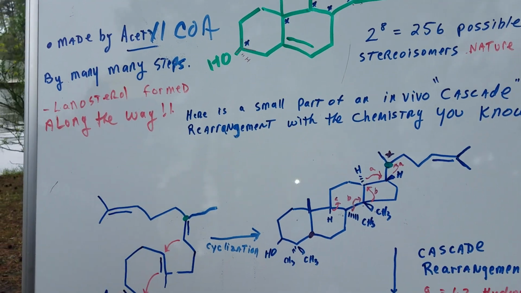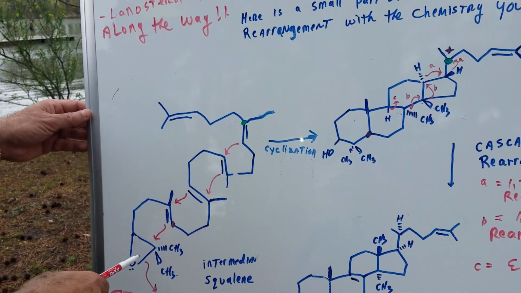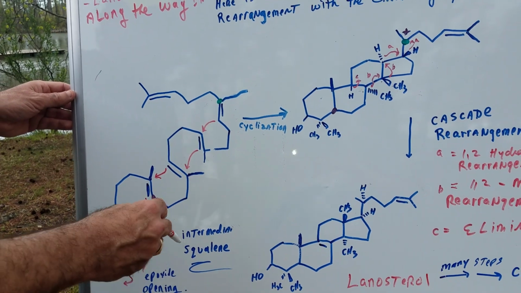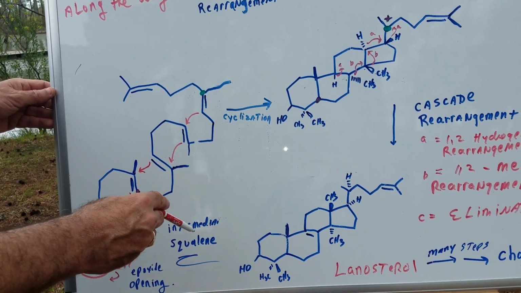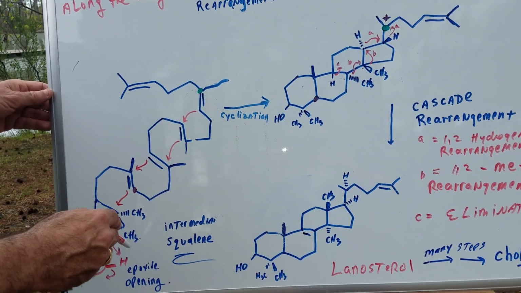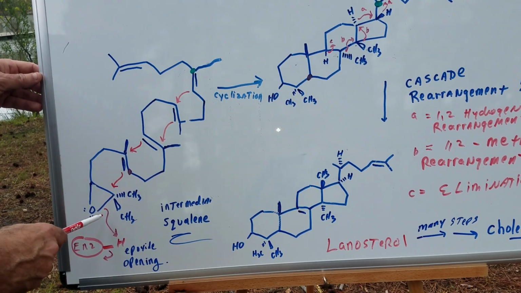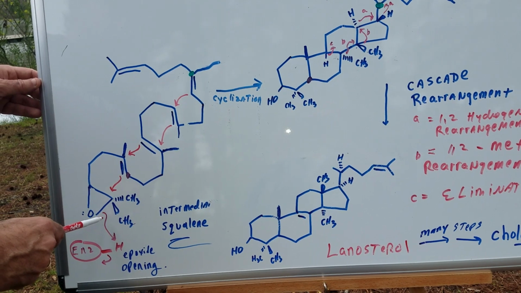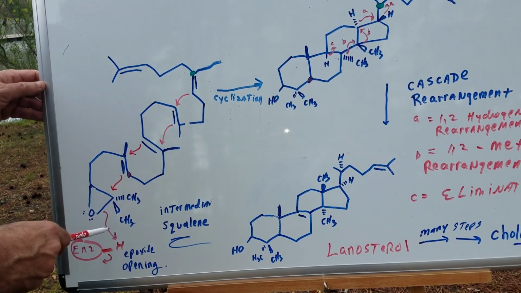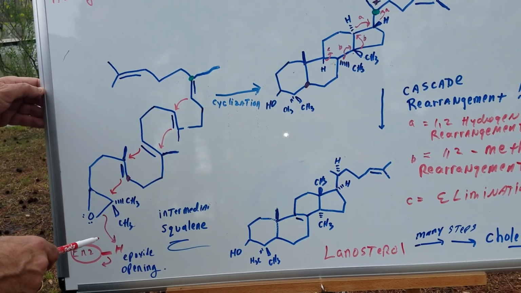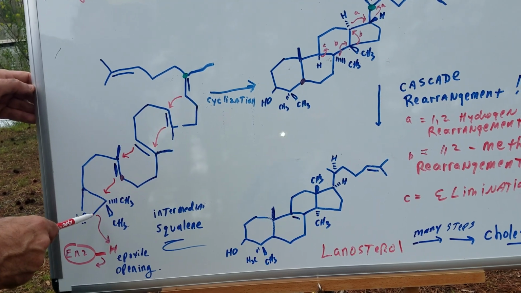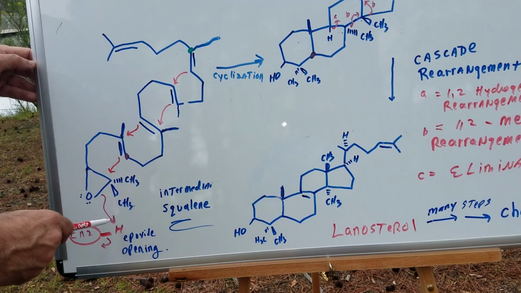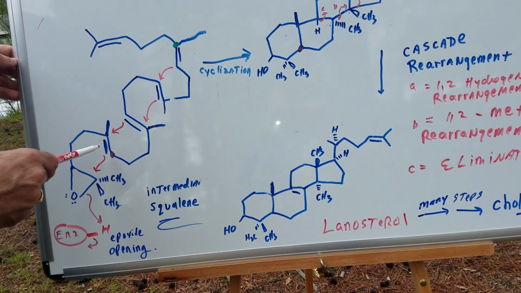I want you to just take a look at the complexity down here, where we have an intermediate called squalene epoxide, and as you can see, an enzyme is going to give an H, and it's going to cause what we call an in vivo cascade rearrangement. Now, watch what's going to happen. Once we protonate this epoxide, watch what happens.